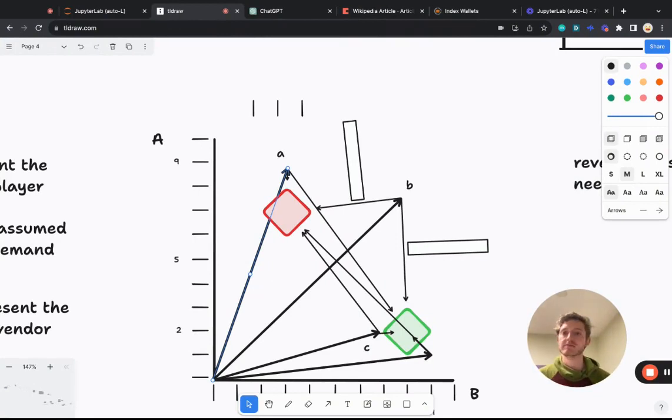This must be your wallet. Ah, right. So we're kind of superimposing two graphs here. This might be a mistake.